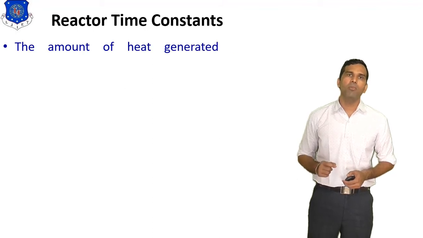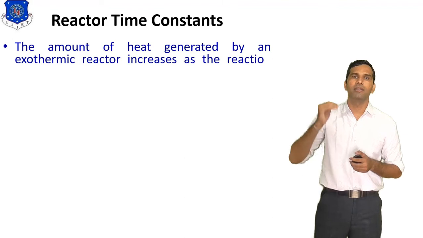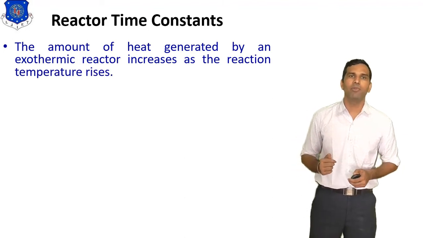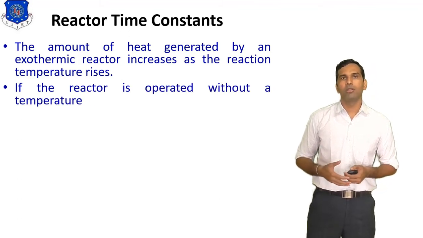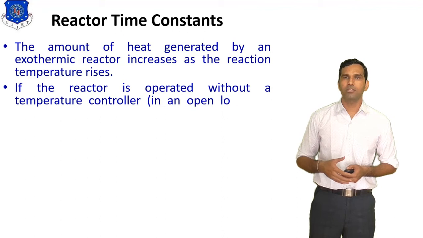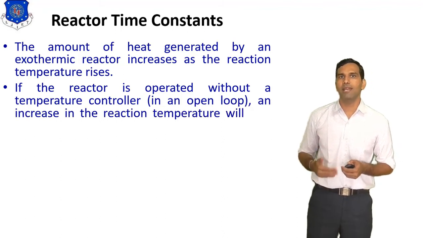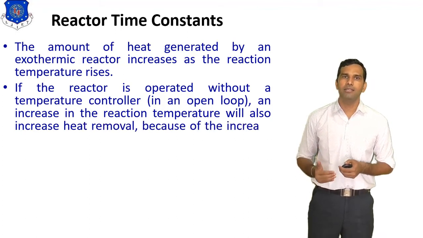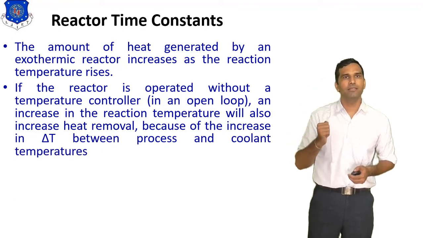The amount of heat generated by an exothermic reaction increases as reaction temperature rises. Of course, we know there are two types of reaction, exothermic and endothermic. But in the exothermic reaction, the amount of heat generated increases as the reaction temperature is increased.